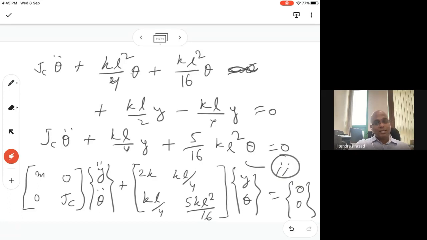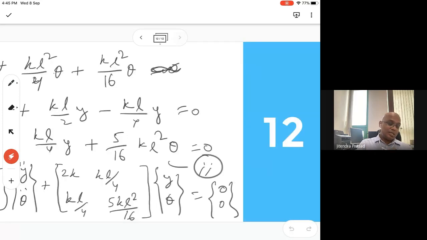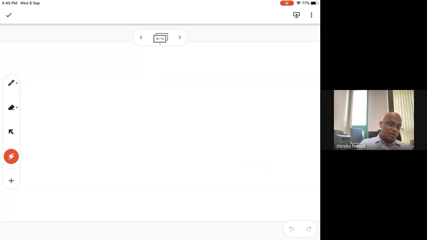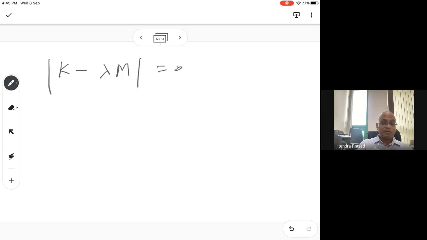Once you get that, in order to find out the natural frequency, we do this: k minus lambda m, and the determinant will be equal to 0, for the reason that I explained in the previous example.